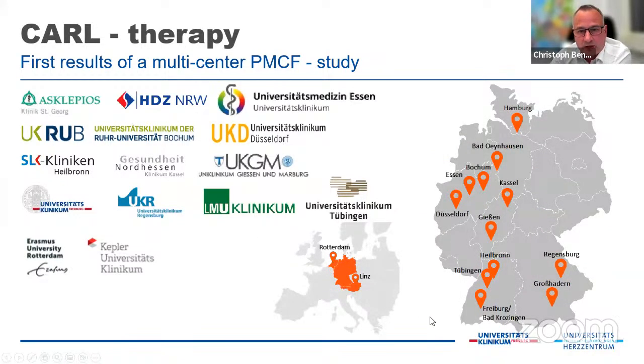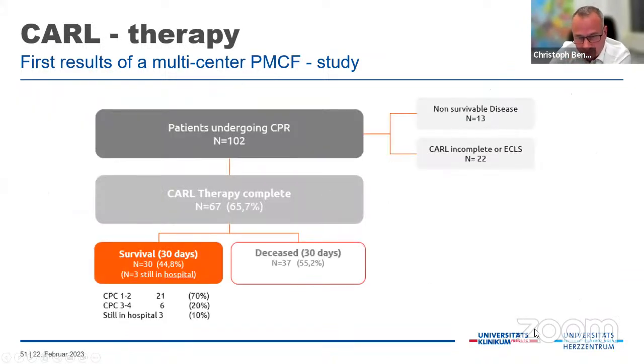Currently, we are running a multi-center post-market clinical follow-up study. It's a study from the University Hospital in Freiburg, and in total there are 102 patients included currently. 67 patients received a complete CAL therapy with cooling.